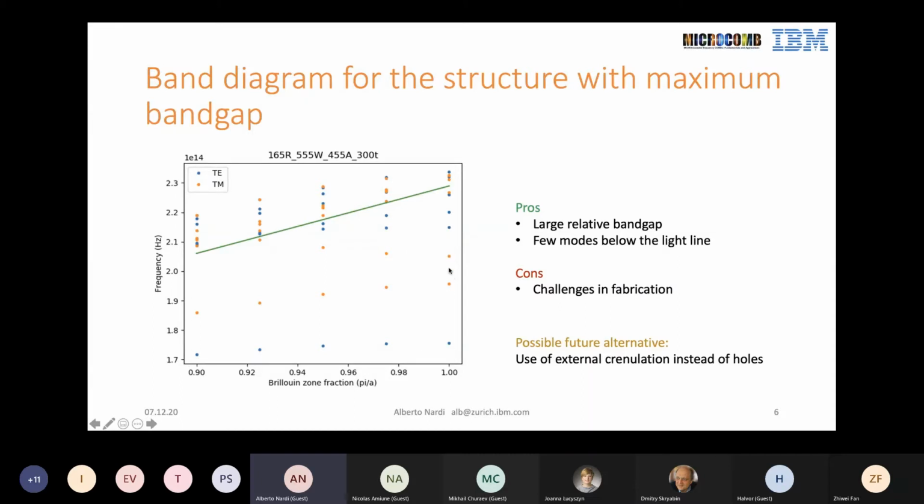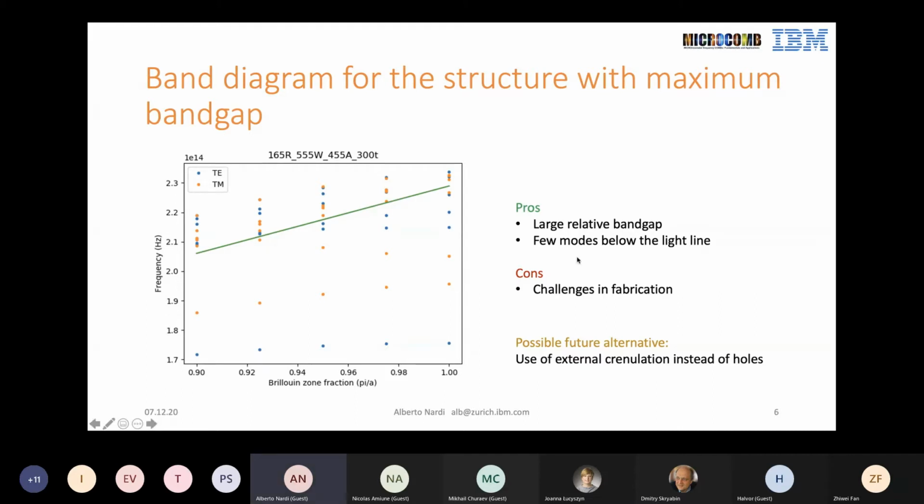Then at some point, we also have a complete band gap because the TM modes also have a band gap around that frequency, but we are mostly interested in the TE band gap. The pros of this structure are that we have a large relative band gap and that few modes are actually below the light line.